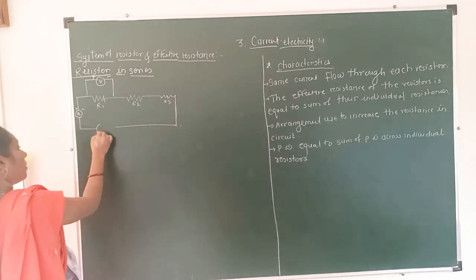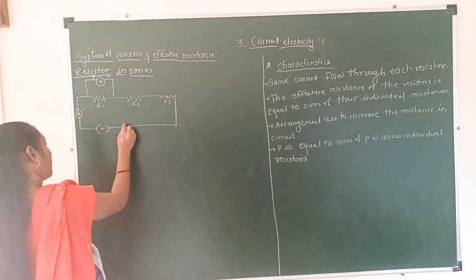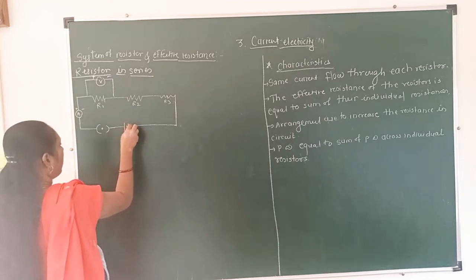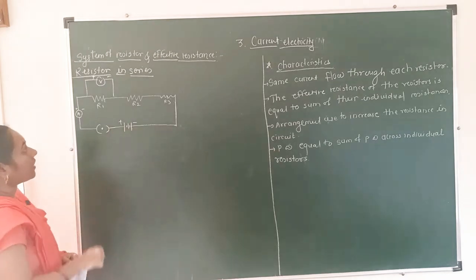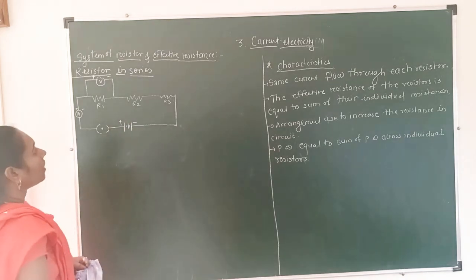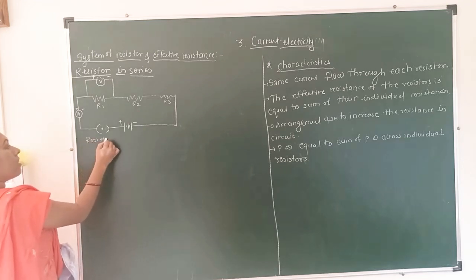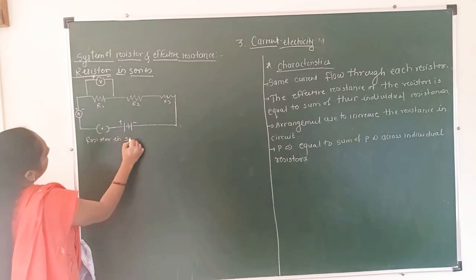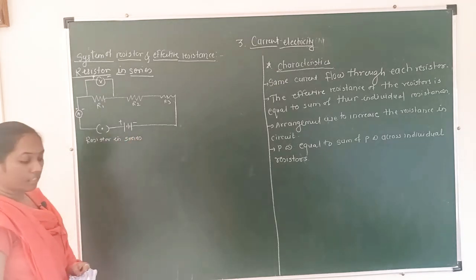Here is the ammeter, with its positive and negative terminals. Here is the component known as a plug key, and here is the cell or battery, with its positive terminal and negative terminal. This is the diagram which shows resistors in series.